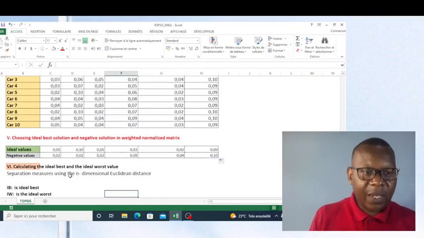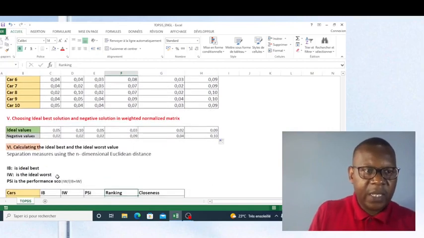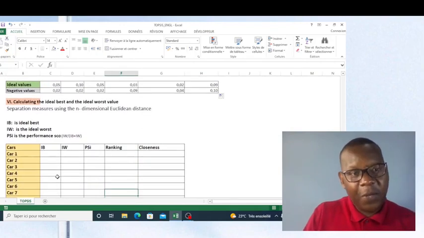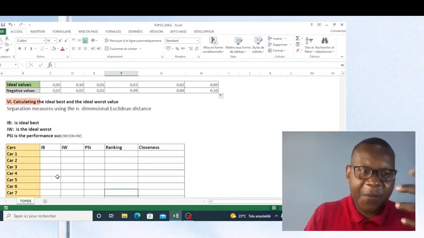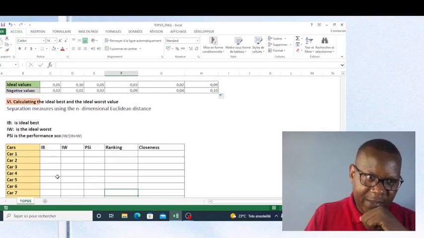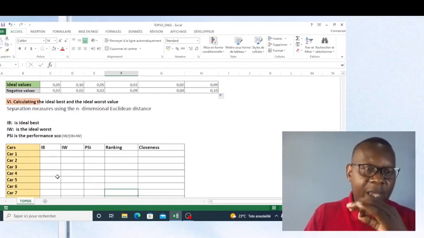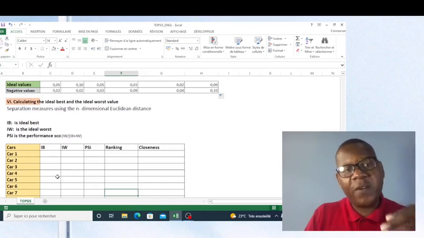Now, what is the next step? The next step is to calculate the ideal best and the ideal worst values. And here I'm going to show you step by step how you can do it. Friends, you have to pay so much attention here, because when you make a mistake, it will affect your final decision.